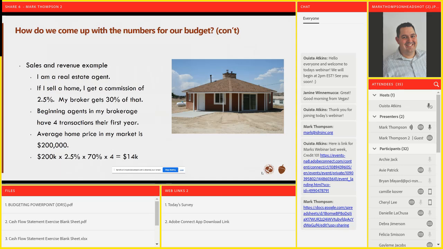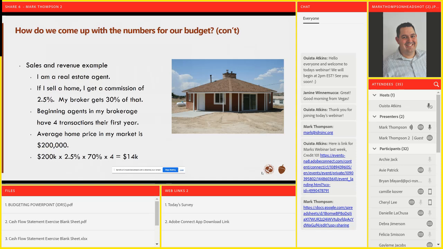Okay. So we'll just do another example, right? From another service base. I'm a real estate agent, and my wife's a real estate agent, so this kind of is close to home. If I sell a home, I get a commission of 2.5%. My broker gets 30% of that. These are just industry standard numbers.